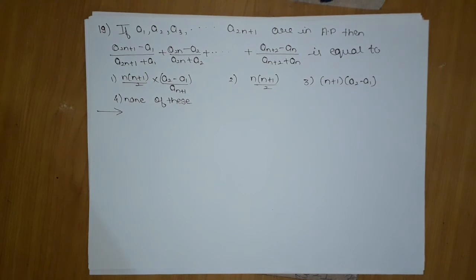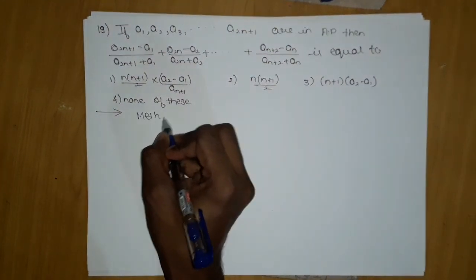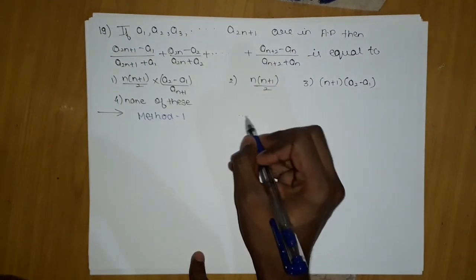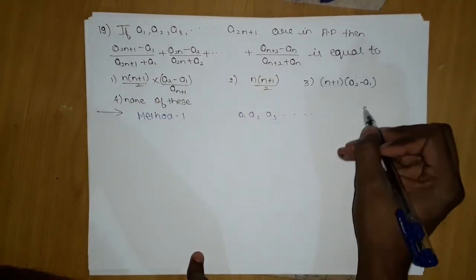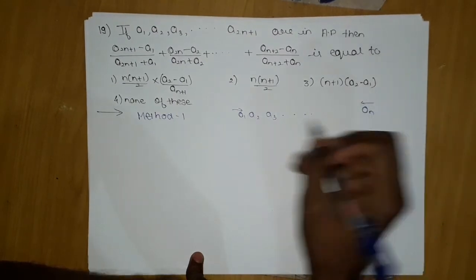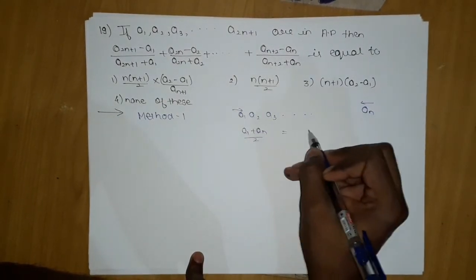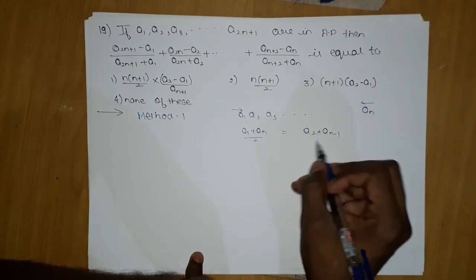Now, to solve this problem we are going to use method 1. There are two methods by which this problem can be solved. If a1, a2, a3 and so on till an are in AP, then from the start you know this property: (a1 + an)/2 is equal to (a2 + an−1)/2. How do we know this?